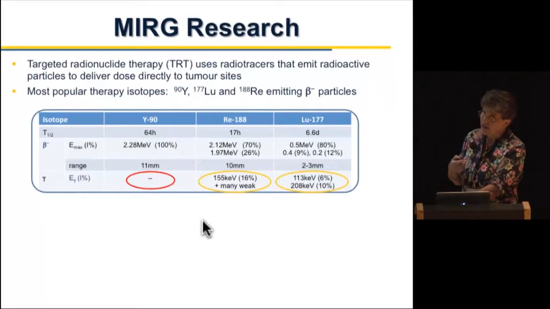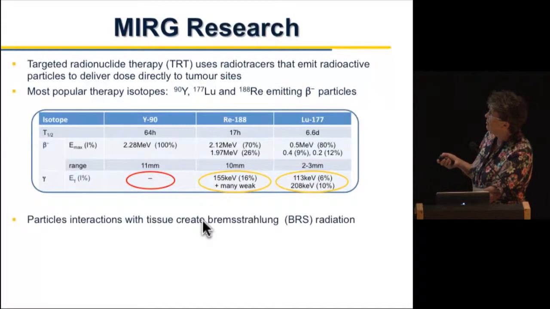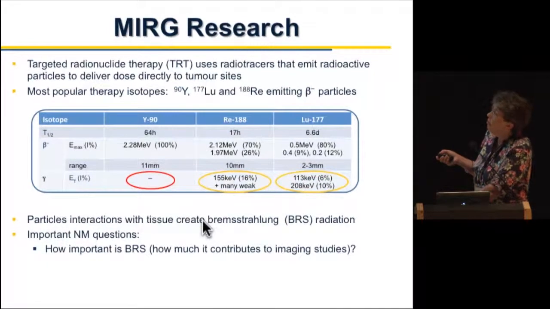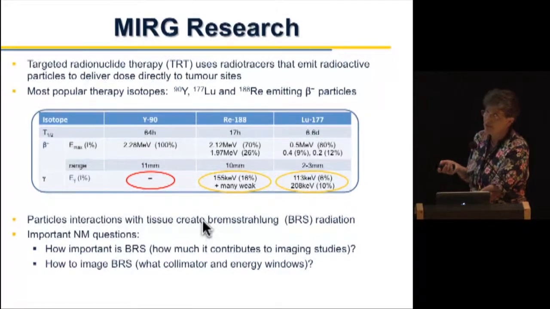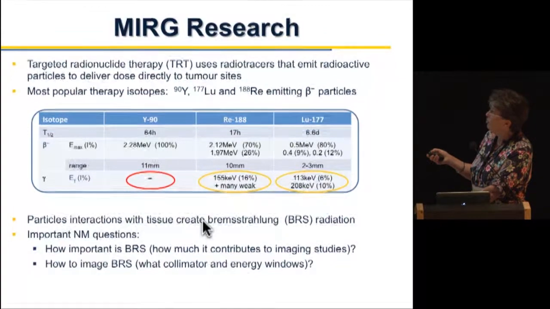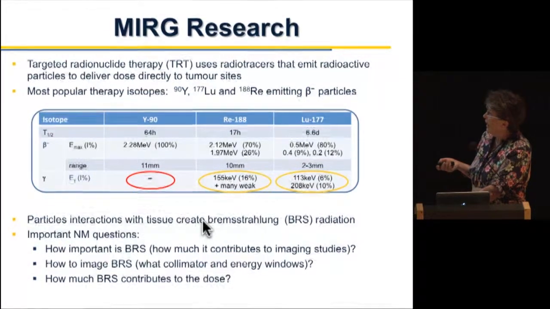Even if we measure the spectra, we want to identify the background underneath it. So how important is Bremsstrahlung? How much Bremsstrahlung do we have? How do we image it? Where is it best to put energy windows? And how much will it contribute to the dose?